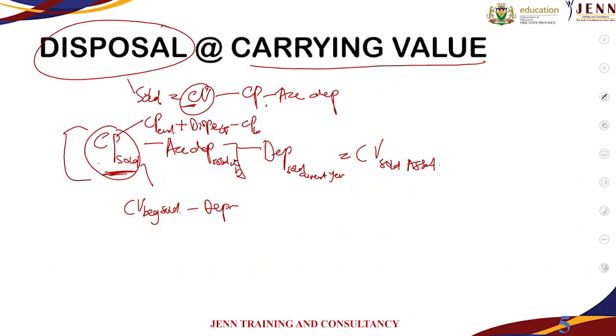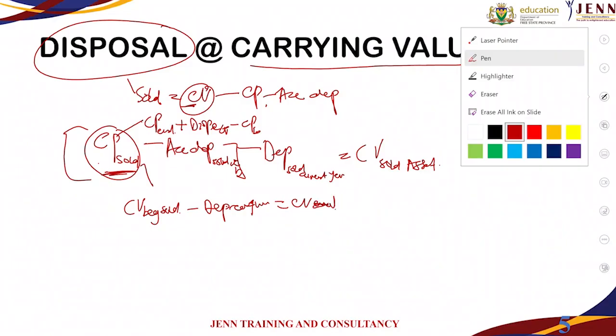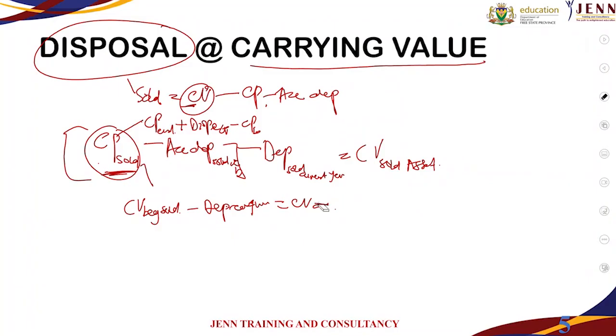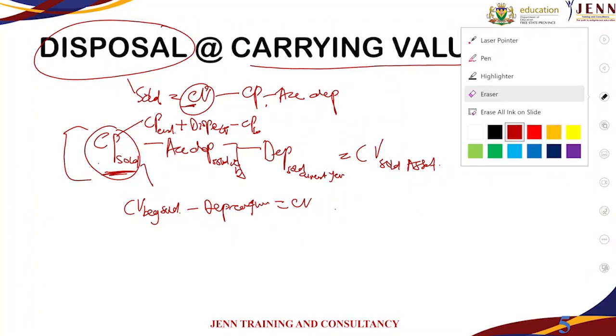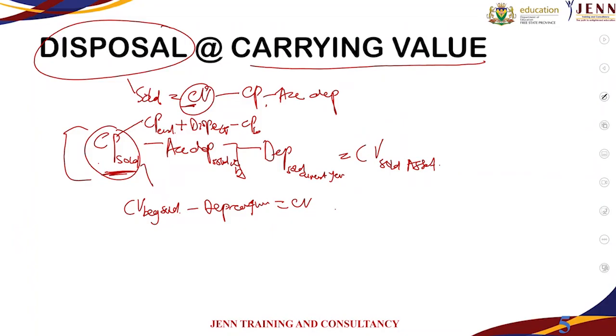We are going to subtract the depreciation for the current year. That will give us the carrying value of the sold. That is what we are looking for, the disposal asset at carrying value.